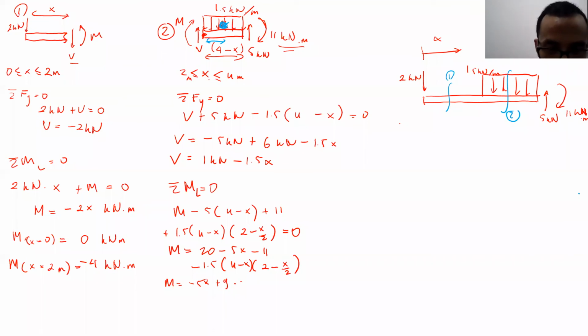Okay, minus 0.75 multiplied by x square, 8, minus 4x plus x square minus 2 per 2 divided by x square.